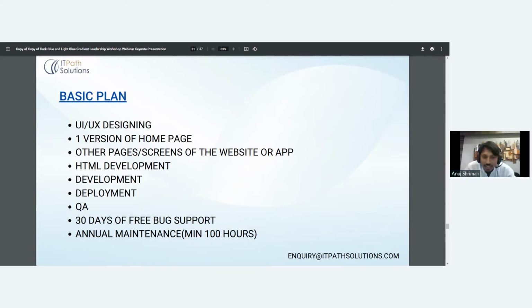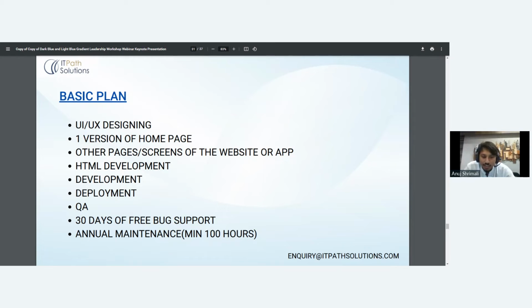Then we include HTML development as well. And then if we are moving further with any particular technology, let's suppose WordPress, Shopify, or any mobile application, we take that into consideration and move further with the development.